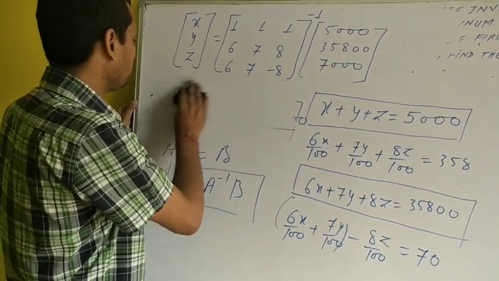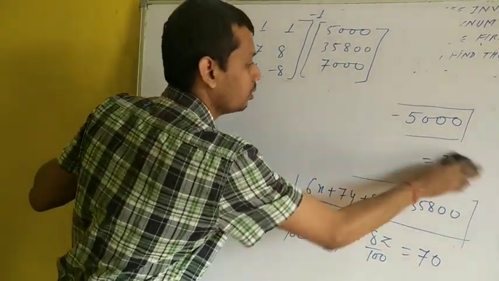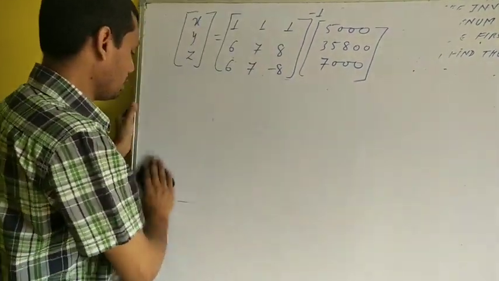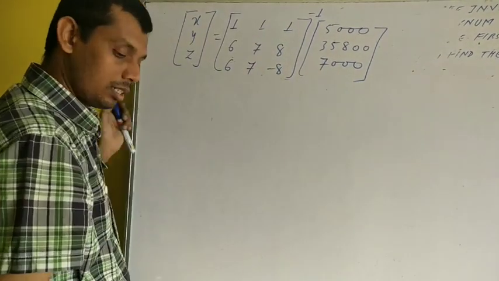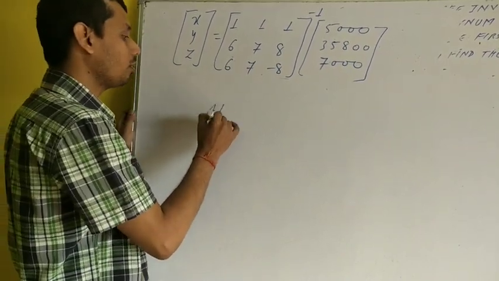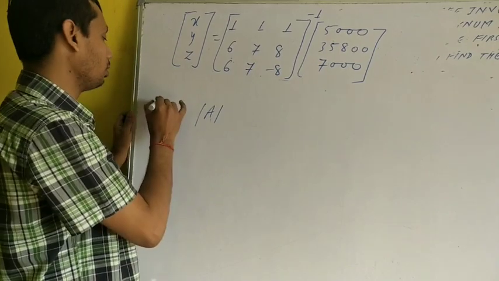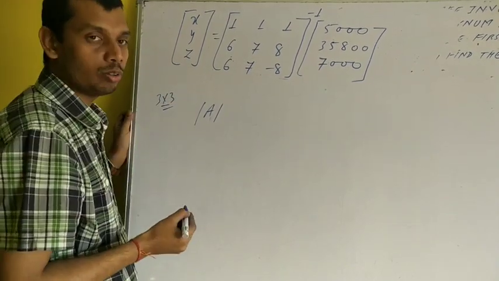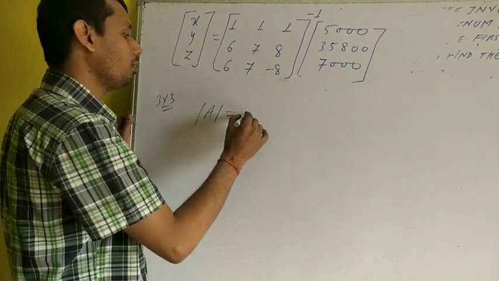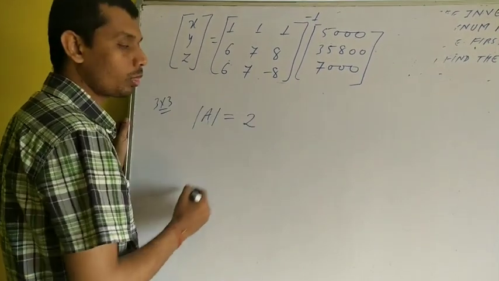Now some objective questions from adjoint and inverse are asked in this manner. Suppose that A is a square matrix of order 3 cross 3 such that determinant A equals 2.